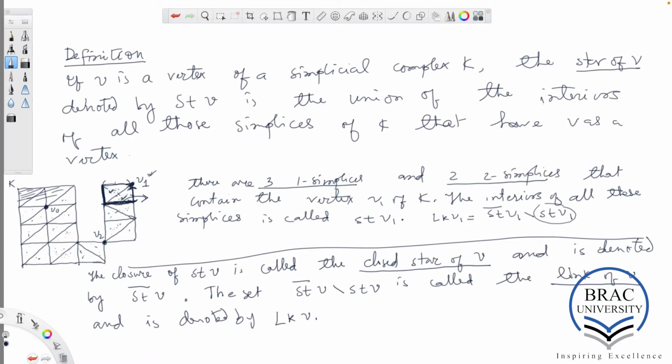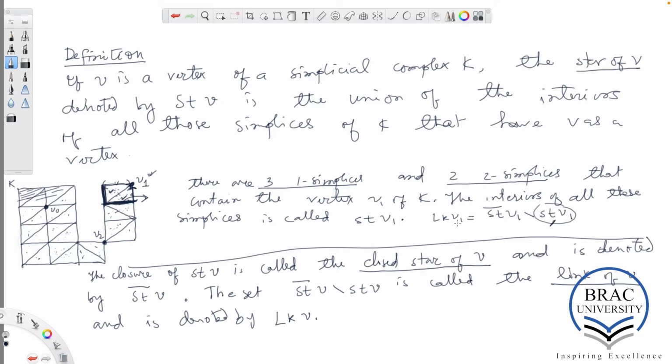Remember that these two edges fall into the interiors. So what we are left with is this L-shaped line, which is the link of V1. Okay, good.